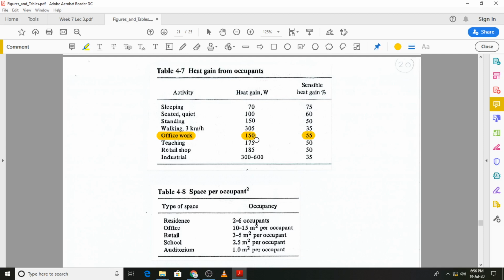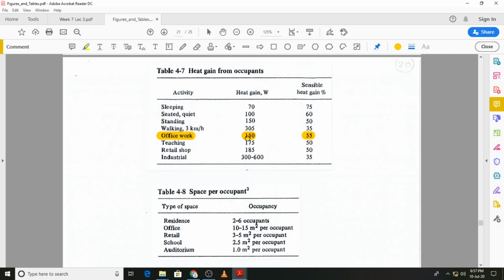So the sensible heat gain will be 150 into 0.55 watts. And similarly, the latent heat gain will be the remaining fraction, that is 0.45 or 45%. So that will be 150 into 0.45 watts. So that is all we require to calculate the load that is sensible and latent.